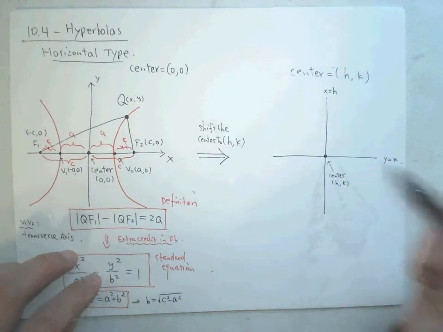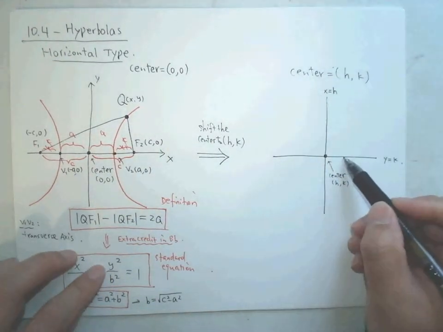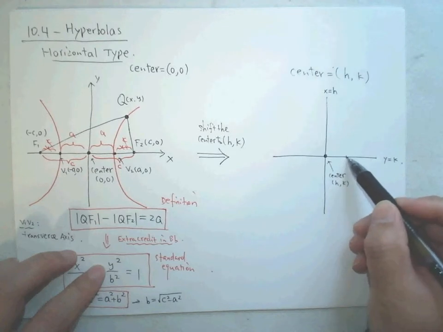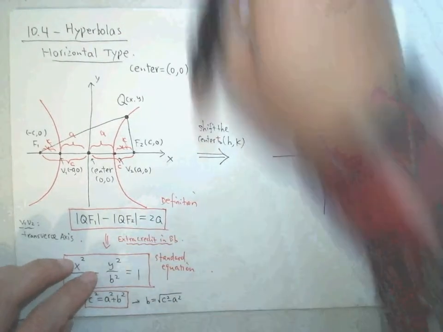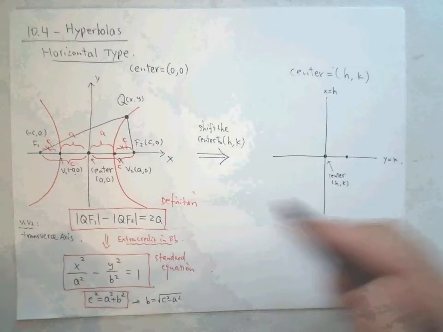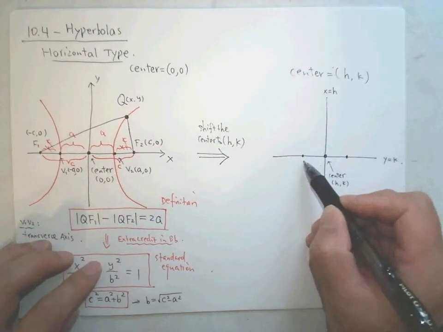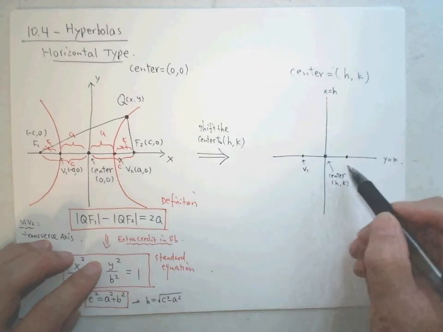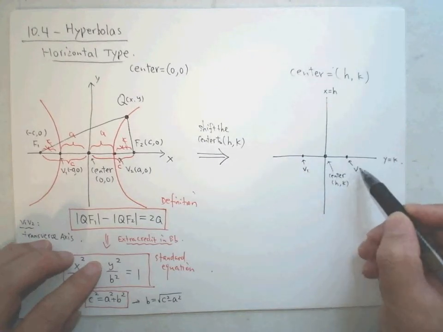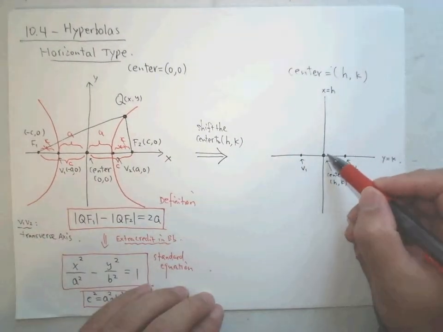So we identify a point in the center, and then the same. Okay, so I find A. This is a vertex. This is the first vertex V1, this is the second vertex V2, and remember the definition, right?